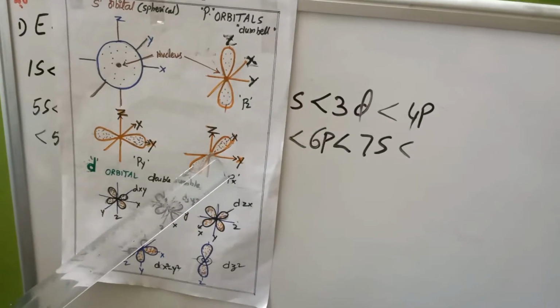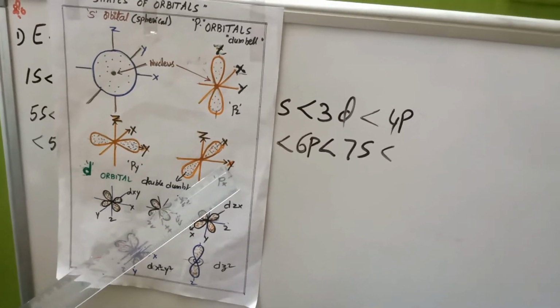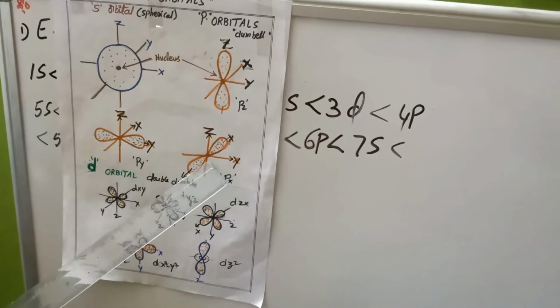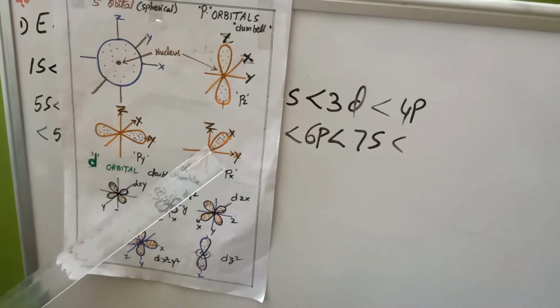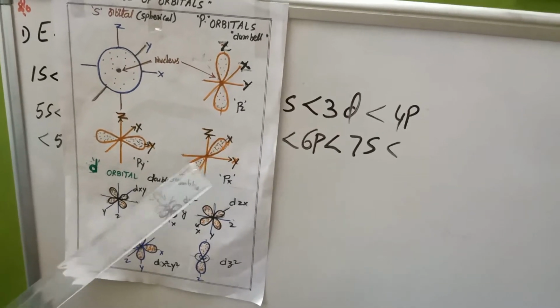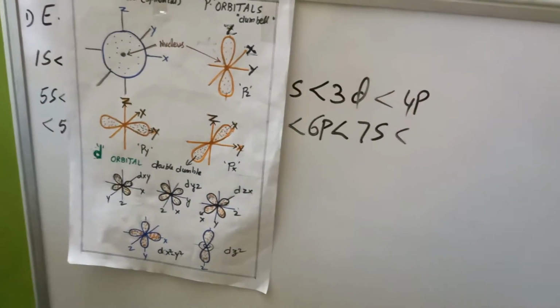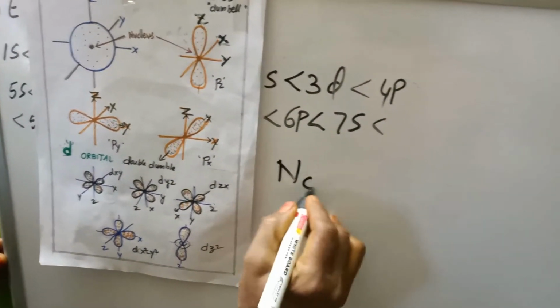But when the electron density is present along the z-axis, we are not finding any electron dots or cloud along the x-axis and y-axis. So this zero probability of finding the electron is called the nodal region. See here, nodal region.